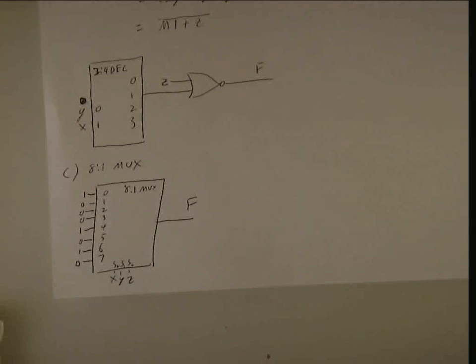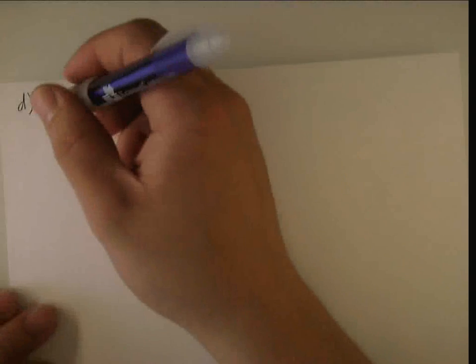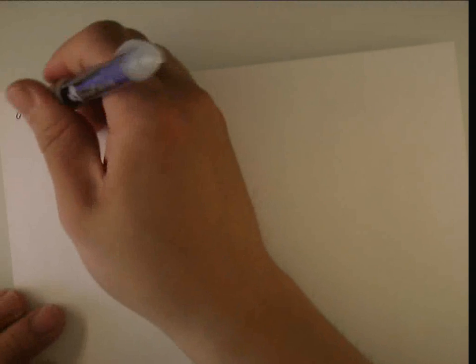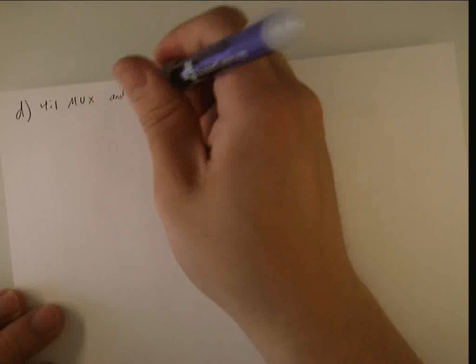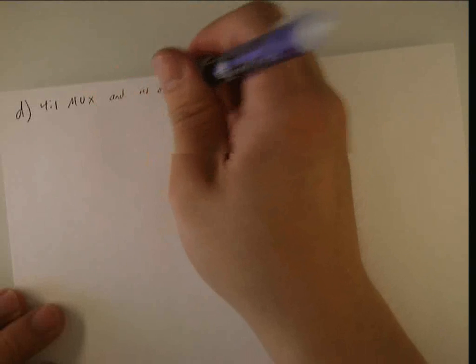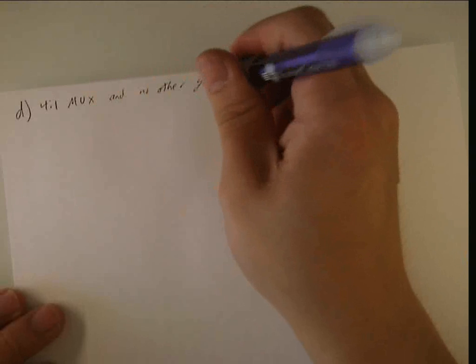And I just need to grab one more sheet of paper to solve part D. And this will be, I have to do this again with a 4 to 1 mux and no other gates.